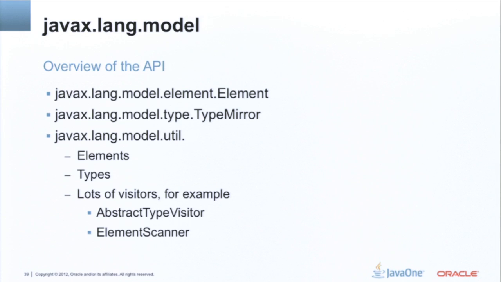So for example, there is only one type element for String. Well, forget that. Take List, for example. You have List of E in the JDK. So there's one type element for List, but there are many instances of type mirrors.